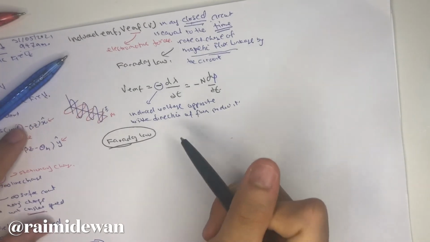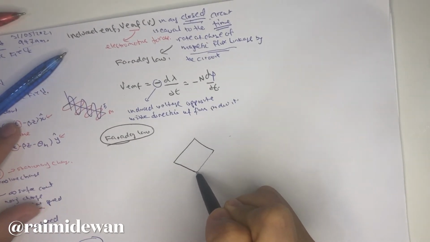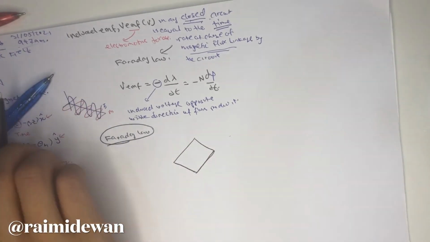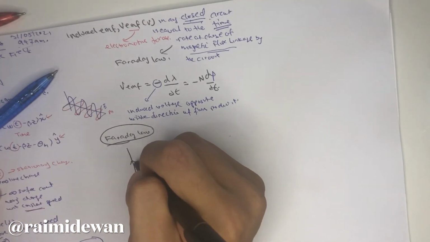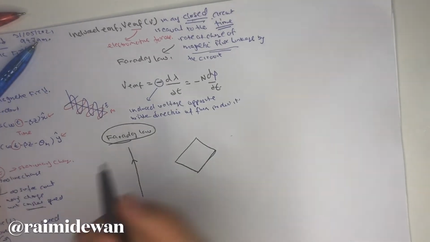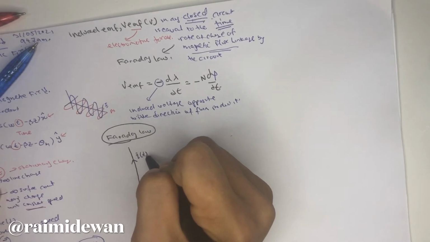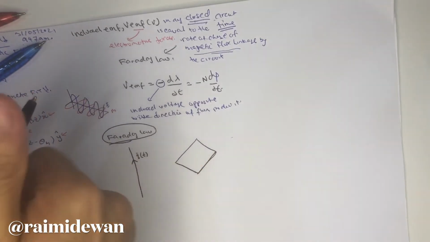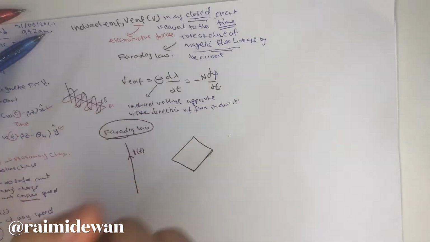Let's say you have a circuit that must be closed, and you have a current moving. This time we need to consider time, so let's say I changes with time. When you start to have this current, you will also have your B, am I correct? You have your B based on this.